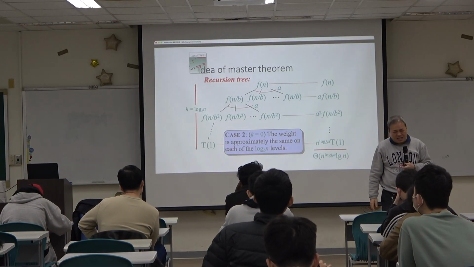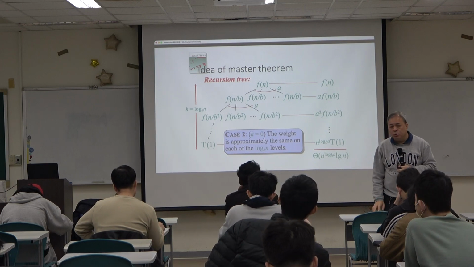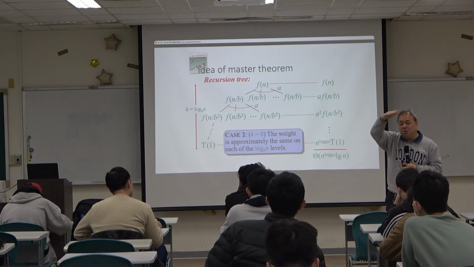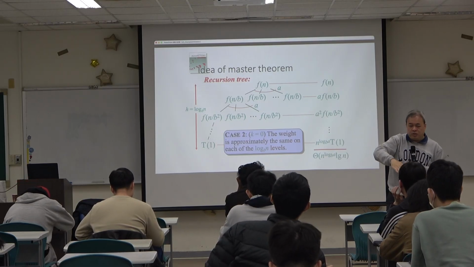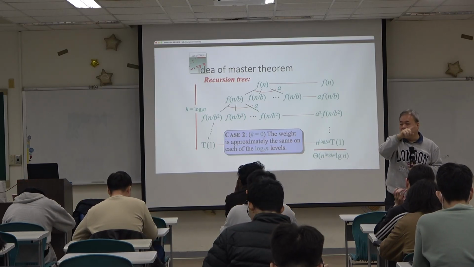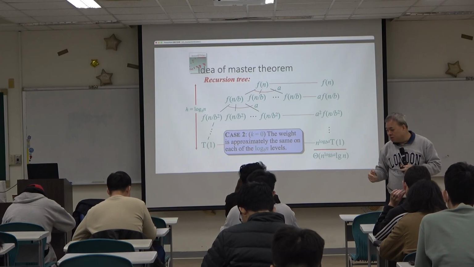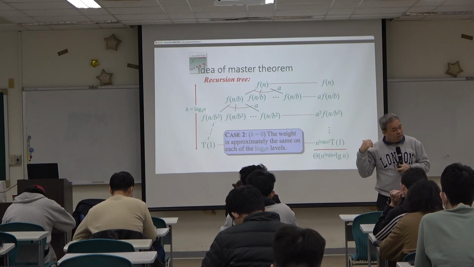It's exactly like merge sort. Remember merge sort? Each level gives you n, and the number of levels is log n, so it's n log n in total. That's case 2.